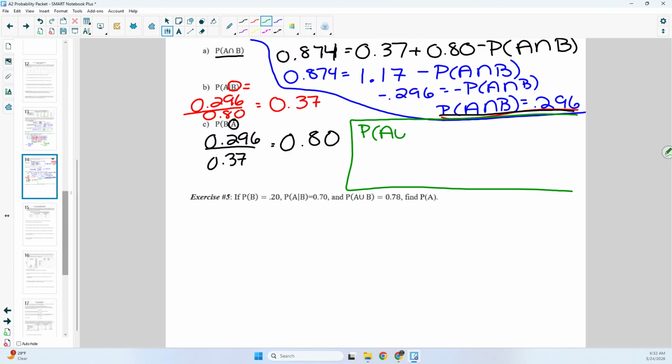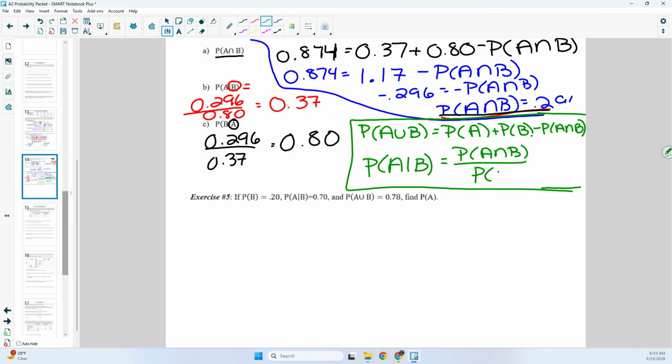So my first rule is my addition rule, minus P of A and B. And A given B is P of A and B over P of B. Those are my two formulas. So I'm going to check off stuff I have.